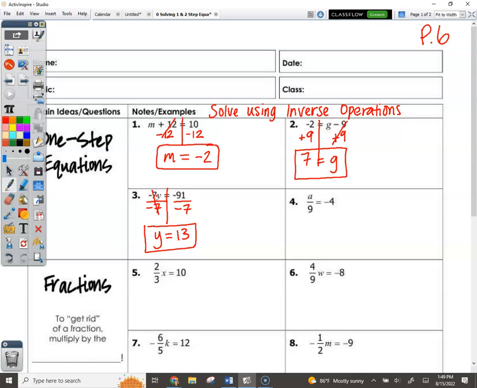Multiplied by. So, in order to solve that, I need to do times 9 on both sides. I'm going to multiply by 9, multiply by 9, because right here, when you multiply by 9 and in the same breath divide by 9, they cancel. So A is by itself, and we get what?